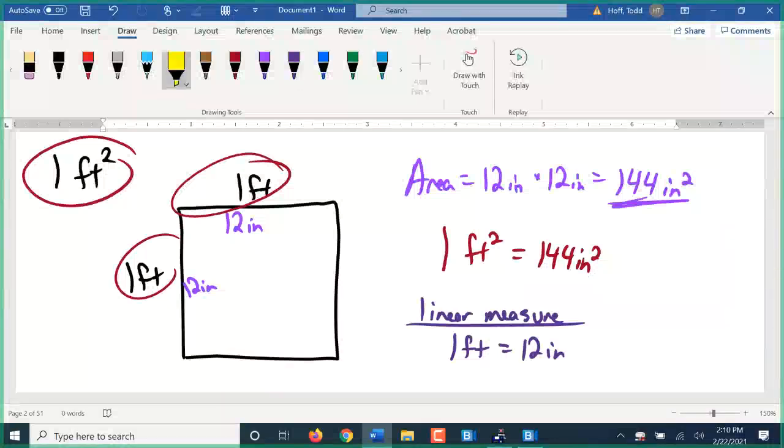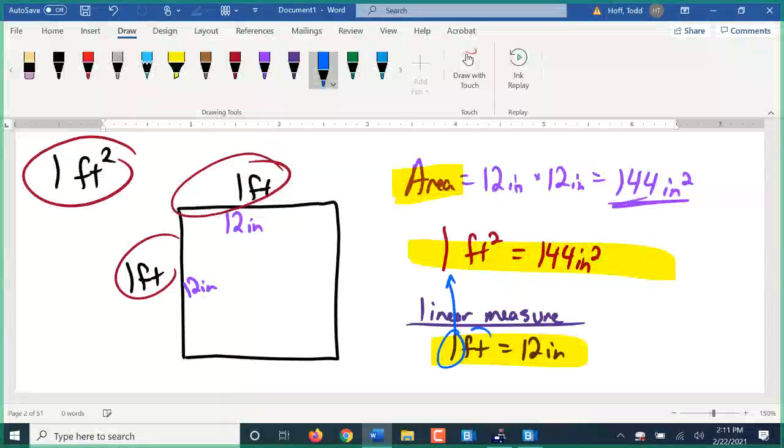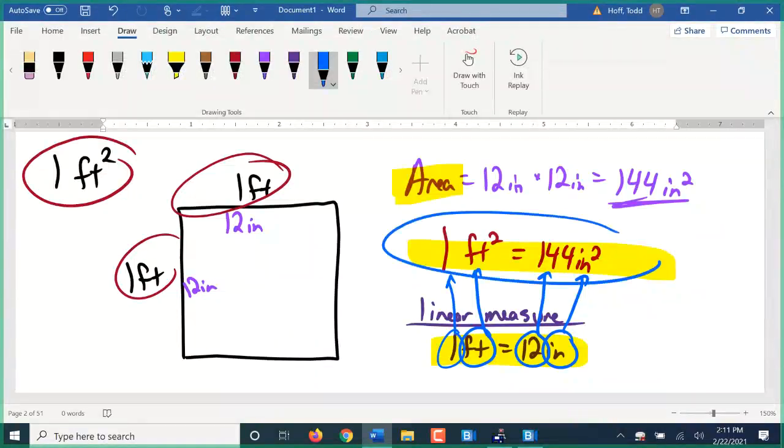Now I'm just going to write down linear measure here. A square foot and a square inch are area measure. We get the conversion for area measurement to square the units for our linear measurement. 1 squared is 1. Foot squared is square foot. 12 squared is 144. An inch squared is a square inch. So 1 foot equals 12 inches. If we square everything, it gives us 1 square foot equals 144 square inches.